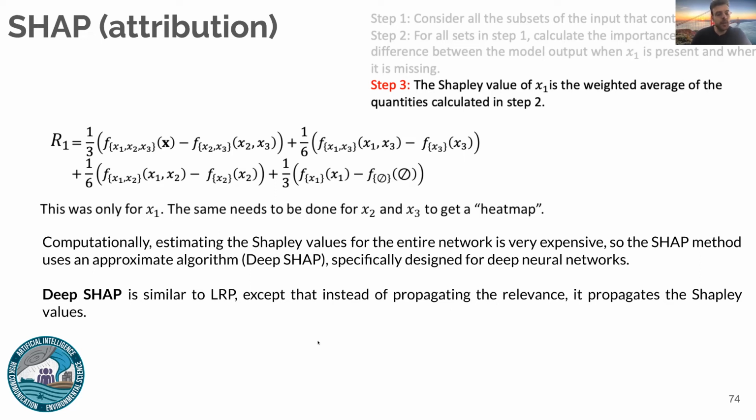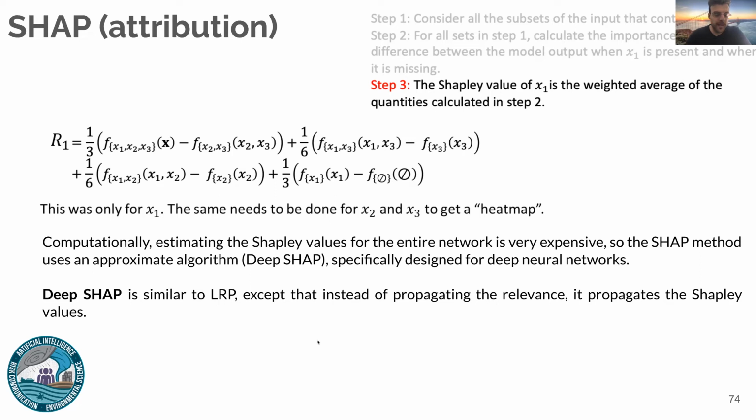So instead of propagating backwards the relevance or the attribution of each neuron, at each step we propagate backwards the Shapley values of the previous layer.